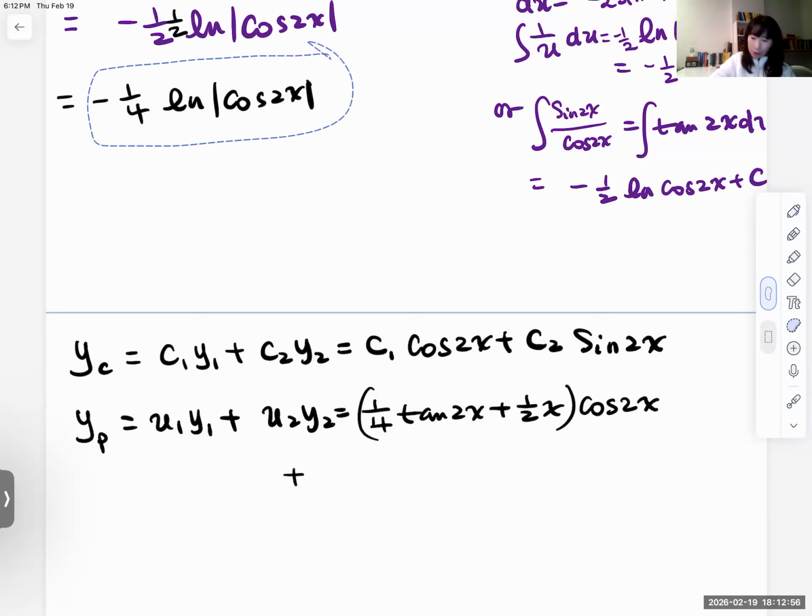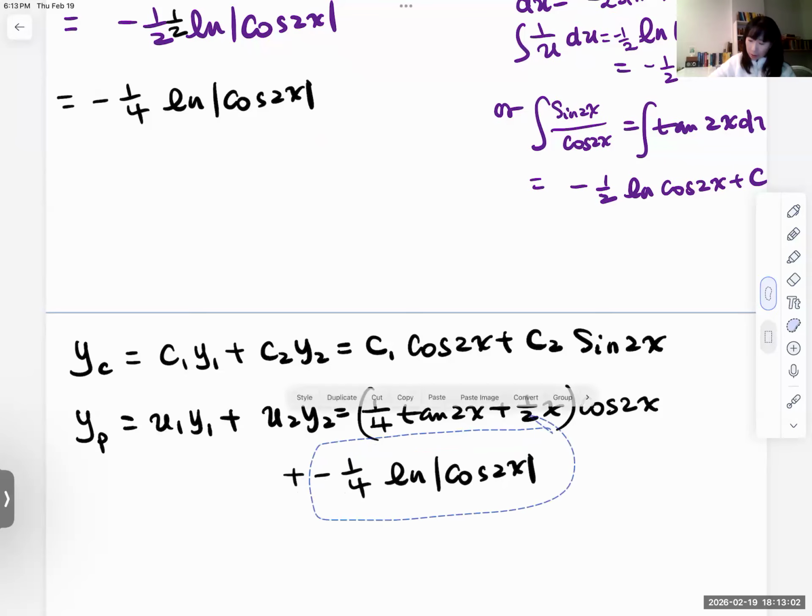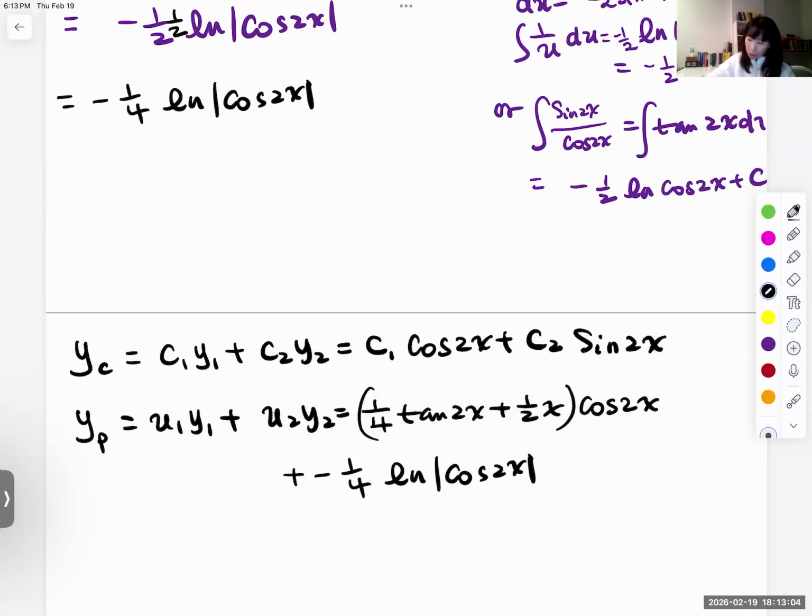Just stop there. Copy. And y sub 2 is sine 2x. Yeah. Okay, general solution will be all together.